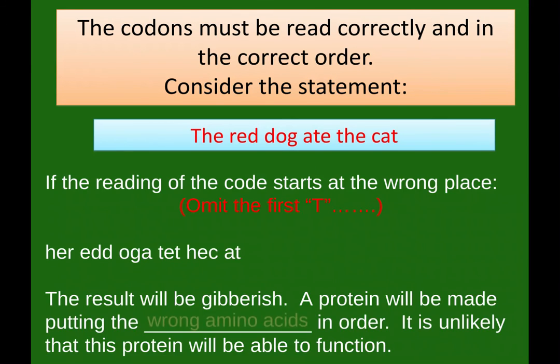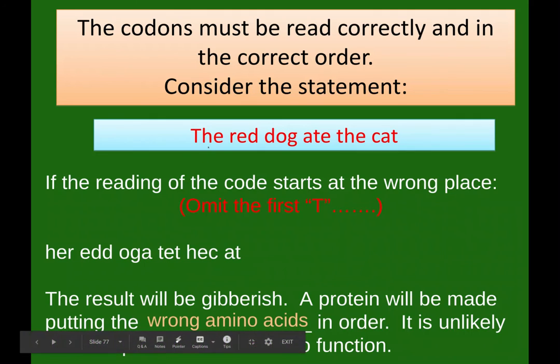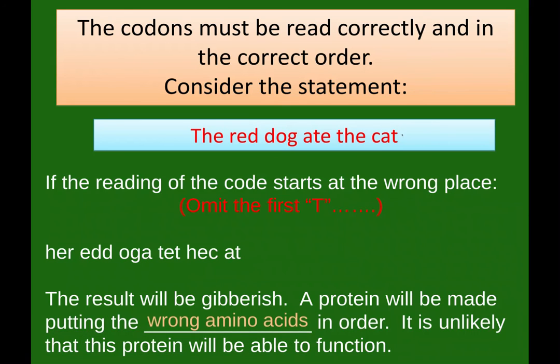Now, it's important that these sets of 3 or these codons are read correctly, and if they're read out of order, we could have a problem. So here you can see the red dog ate the cat. 3-letter words, all making a sentence that we understand. If we were to take off the T and then we read every 3 letters to make up a word, then we get her, ed, and then not even words.